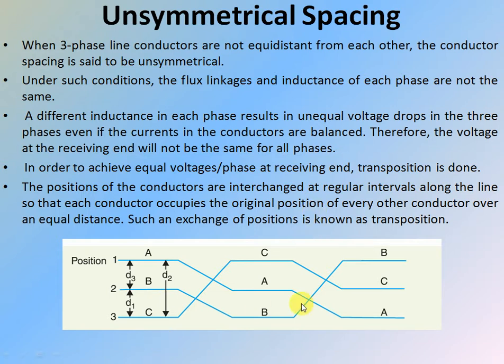The diagram shown here is actually an unsymmetrical transposed three-phase system. In this diagram, initially the positions of phase A conductor, phase B conductor and phase C conductor are shown here. After some distance, you will see the positions are interchanged.